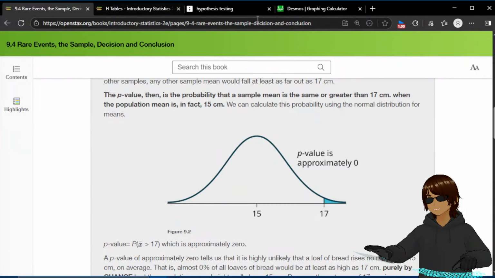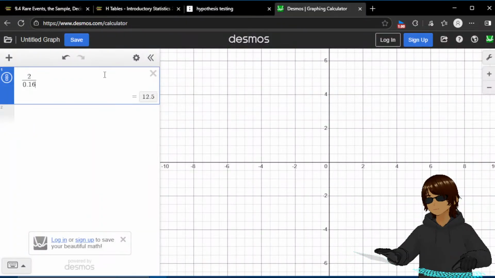The p-value is approximately 0. 12.5 is very far to the right.